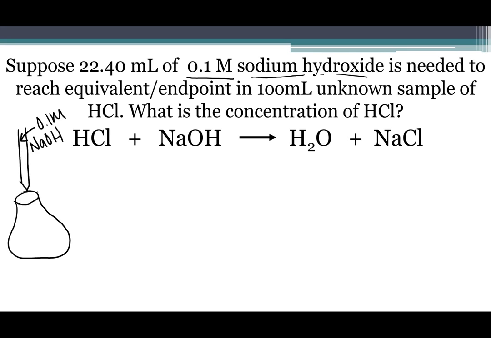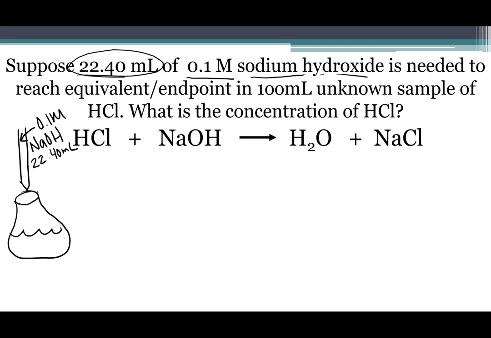And we can also write down how much of that we use. So we open it up, close it, open it up, close it, open it up, close it, turn pink, stop. After we stopped, 22.4 mL ended up being used. So 22.40 milliliters.